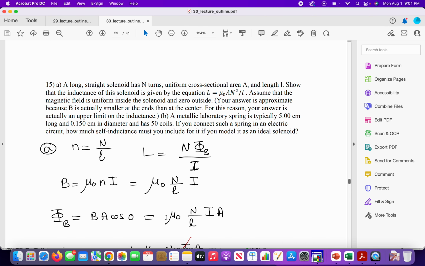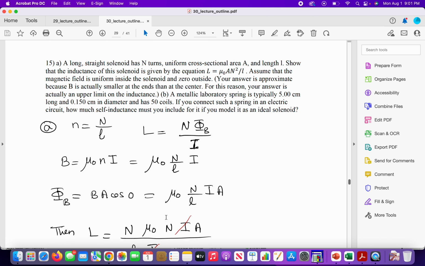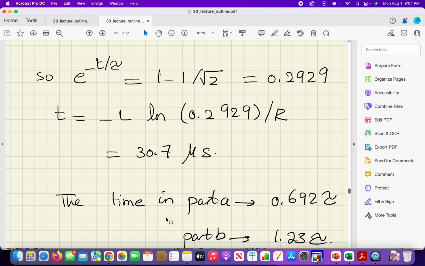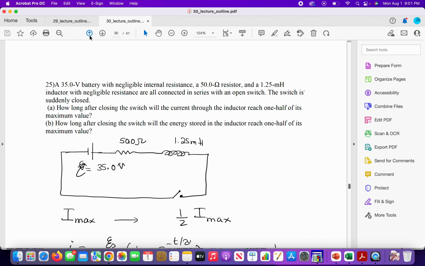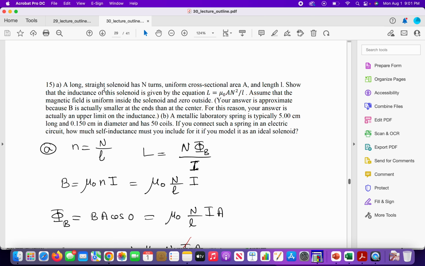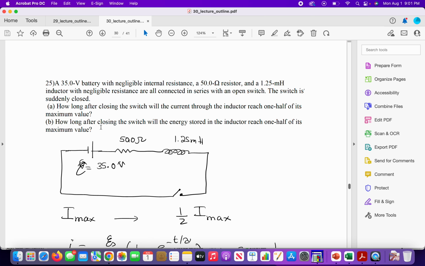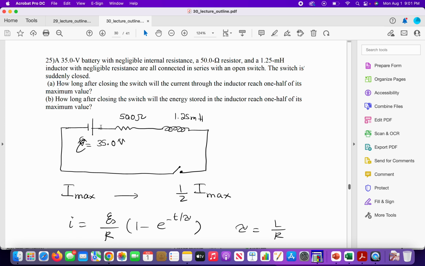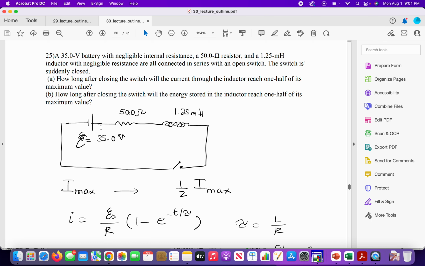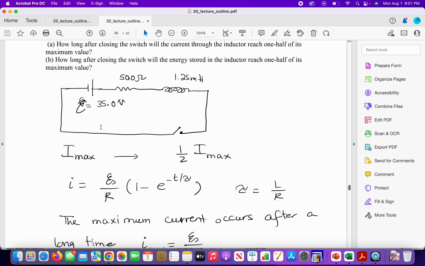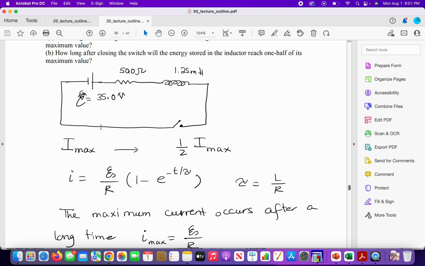Now, part B. How long after closing the switch will the energy stored in the inductor reach one half of its maximum value?